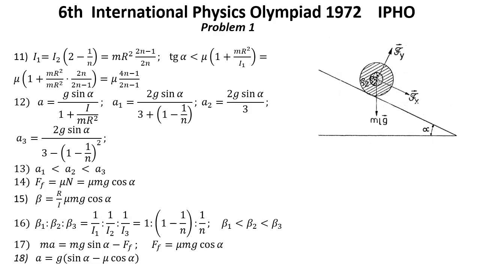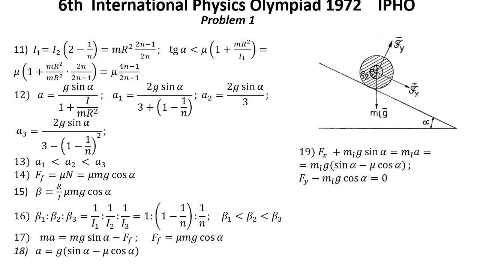Now let force F be the total force acting on the liquid mass m_l inside the cylinder. We can write that the force F in x direction plus m_l g sine alpha equals m_l a, which is m_l g multiplied by sine alpha minus mu cosine alpha, and F_y minus m_l g cosine alpha equals 0.